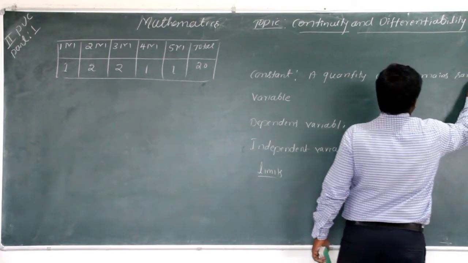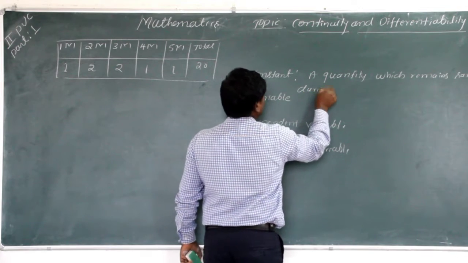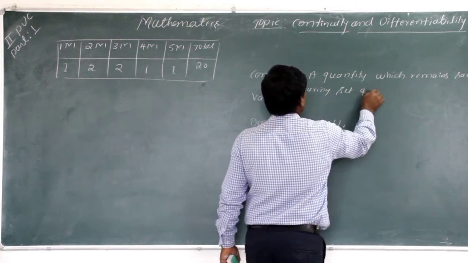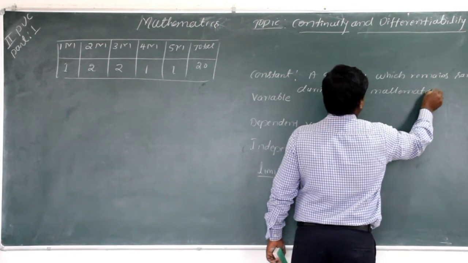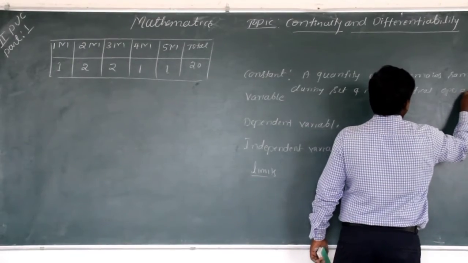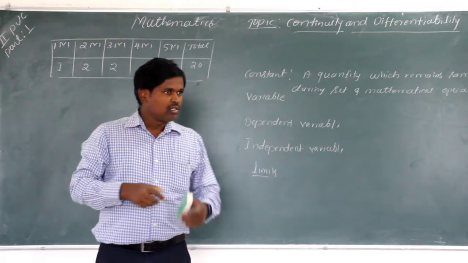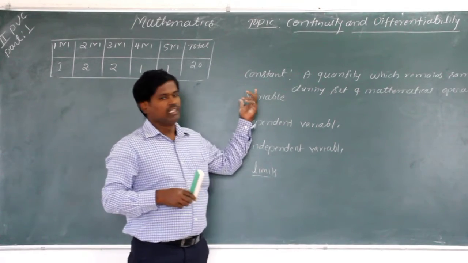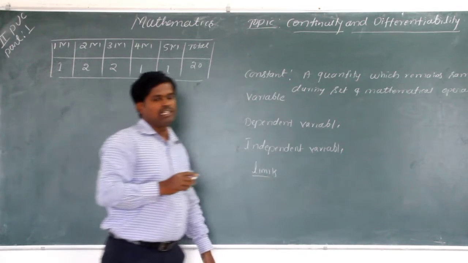So see once again, a constant is a quantity which remains the same during a set of mathematical operations.